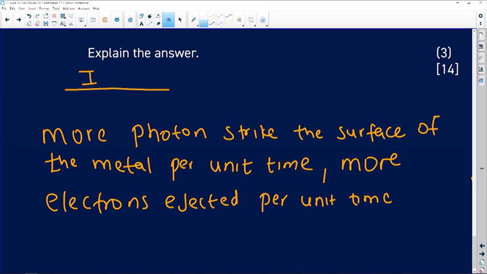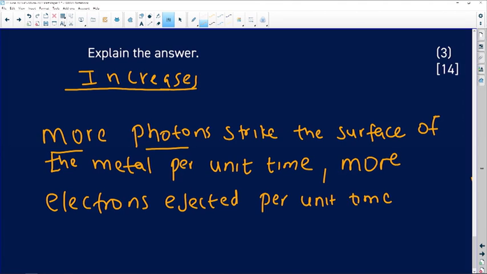Hence we can come and say it has increased. So we say increases here. Why? Because more photons strike the surface of the metal per unit time, which means more electrons ejected per unit time. What about current then?